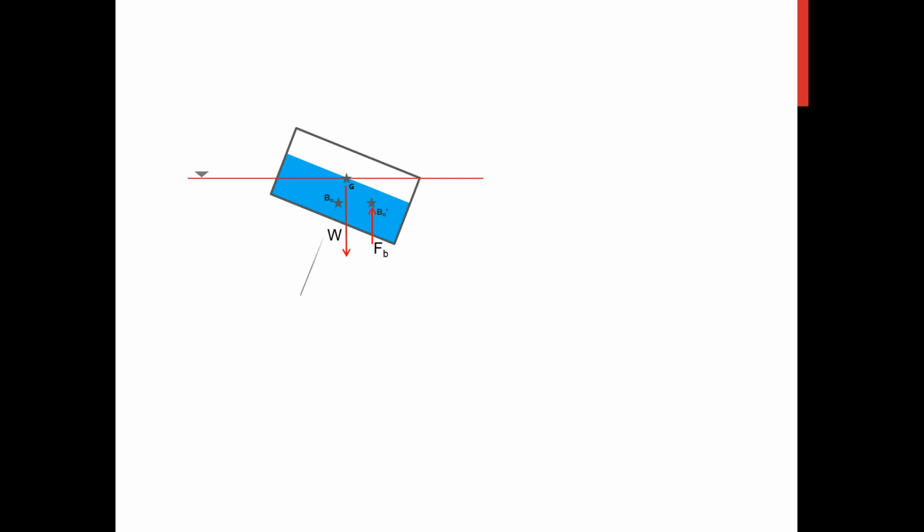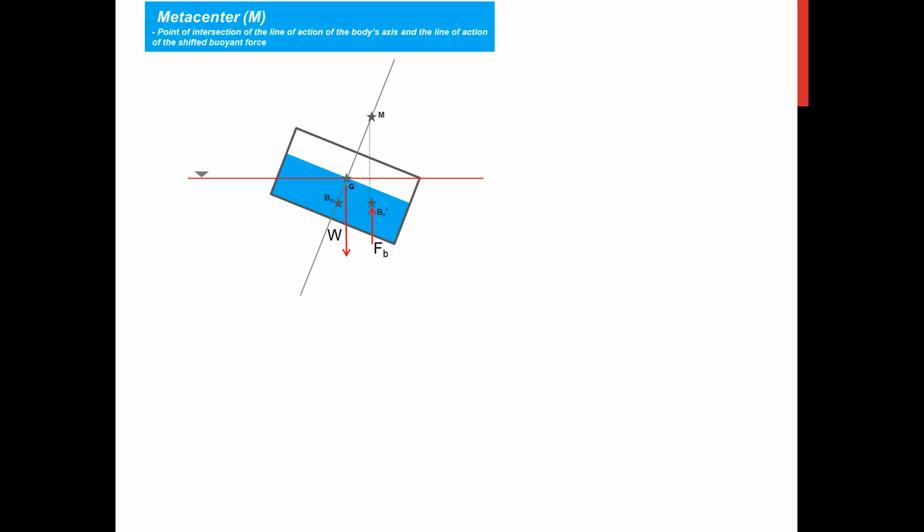By the way, this is the line of symmetry, along the body's axis, and then we project this vertically upwards up to that line of symmetry. And the point of intersection will be M. Now M here is actually the metacenter.